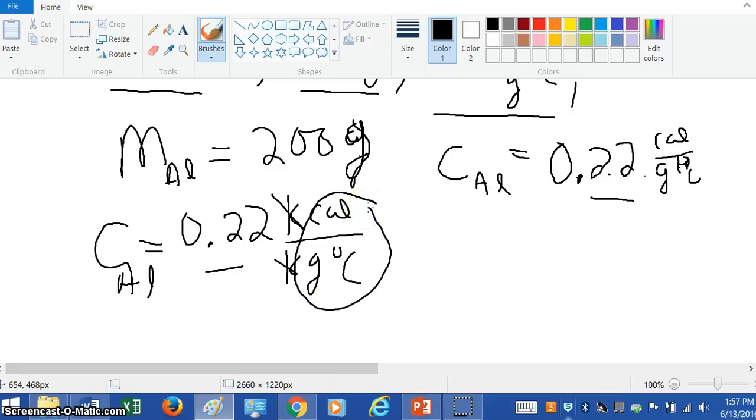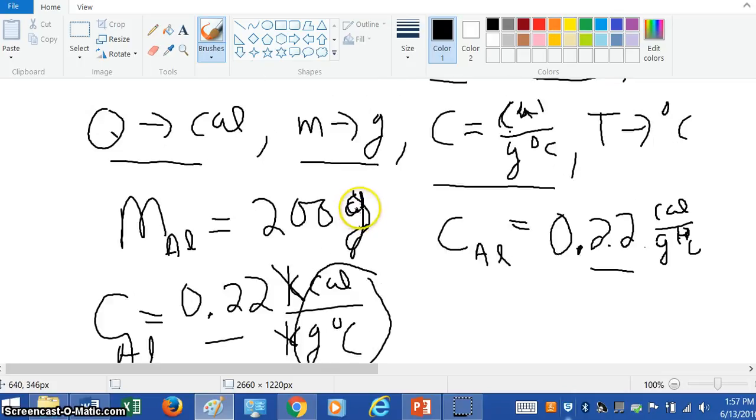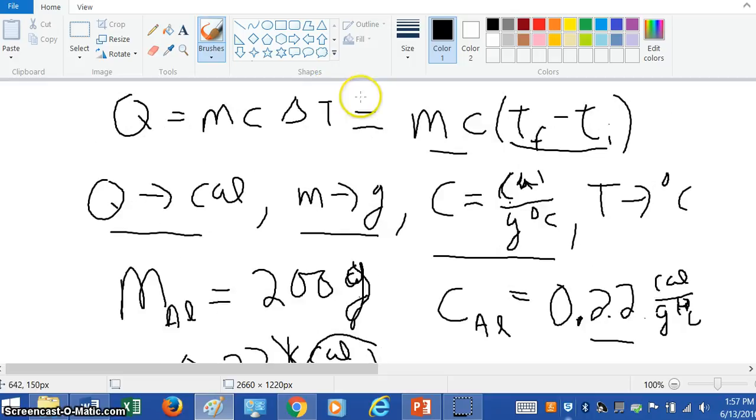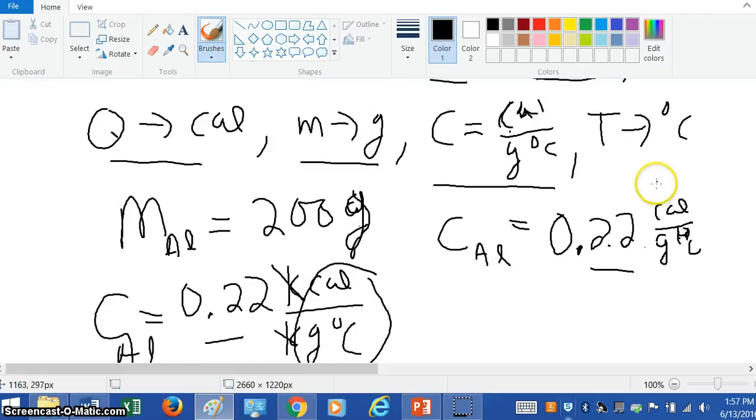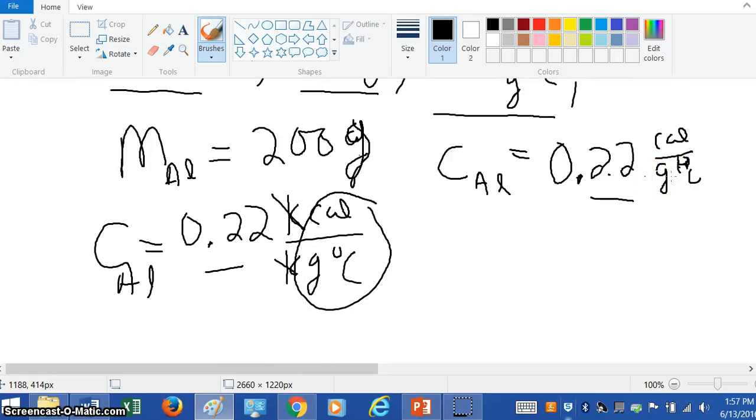Okay, so let's go ahead and do this. So I didn't really set up the problem very well yet. So let's say we had this aluminum going from 20 degrees Celsius as our initial temperature, and our final temperature is, let's say, 100 degrees Celsius. And we want to know what Q is. How much energy did we pour into raising the temperature of this 200 grams of aluminum?